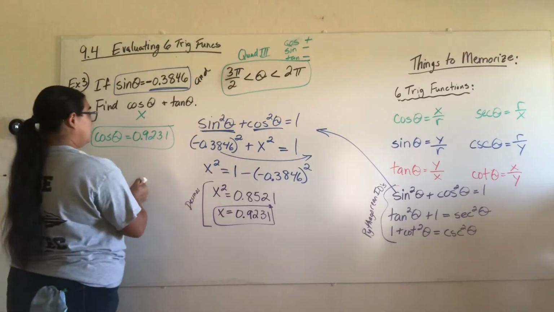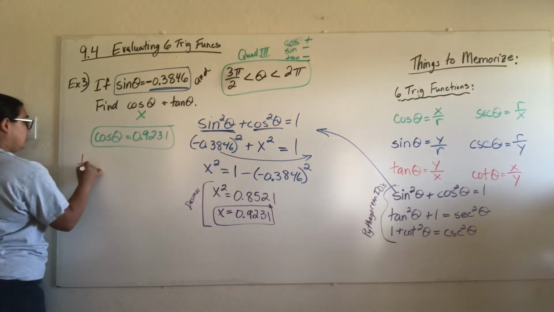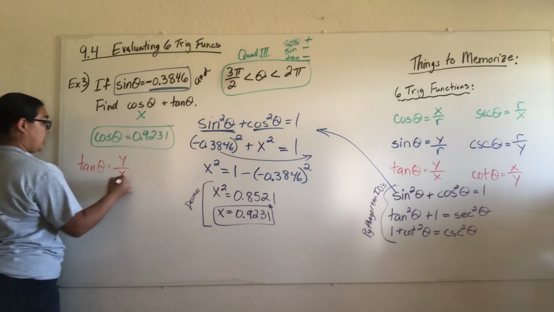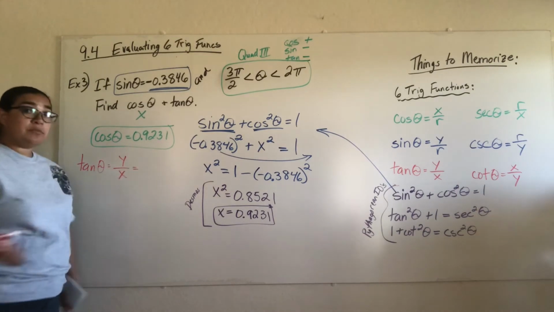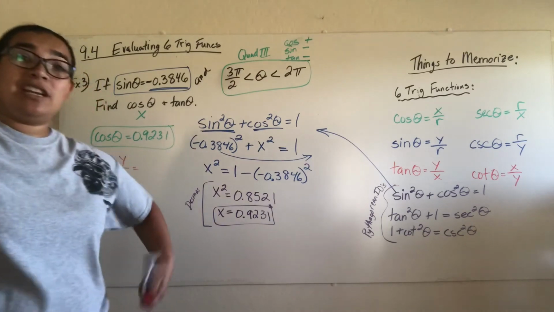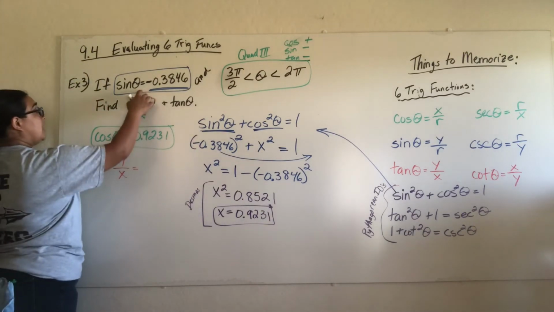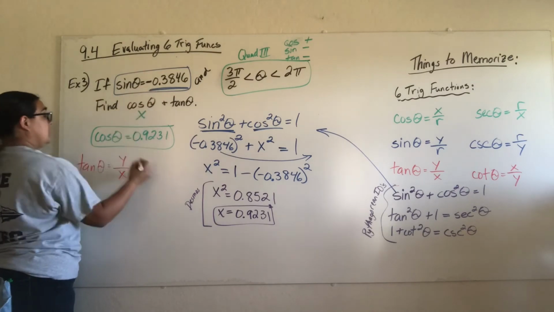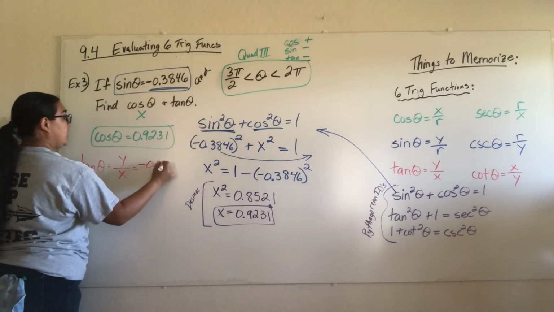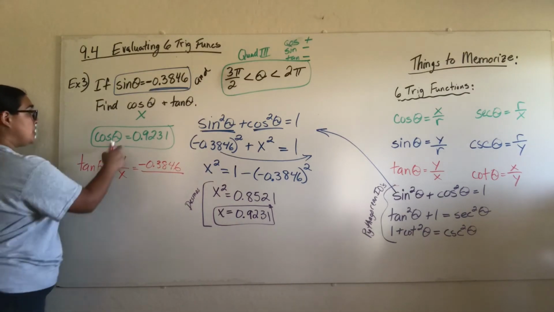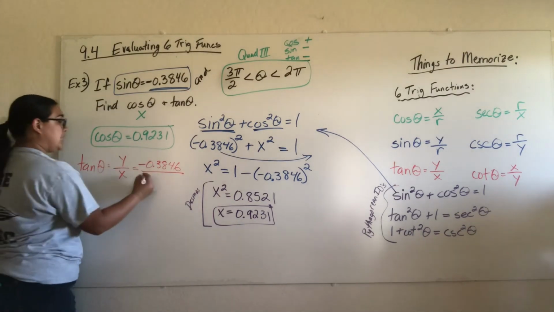So tangent, okay, remember, tangent theta is just dividing your y by your x. Now I know that these are decimals, but decimals shouldn't be that bad, especially now that we know exactly what they are. So our y value was our sine value, so this is our sine, negative 0.3846, and we got to divide that decimal by our new x value, which was this one right here.